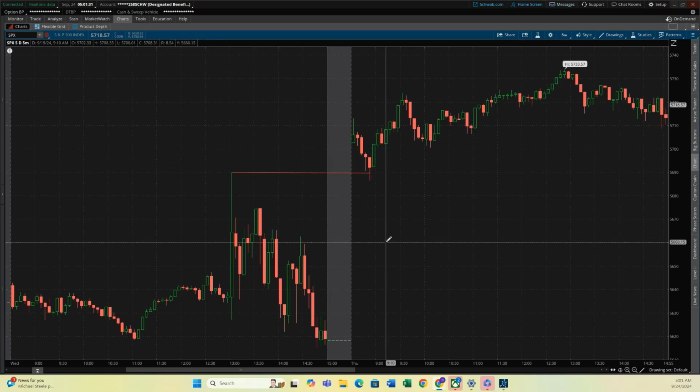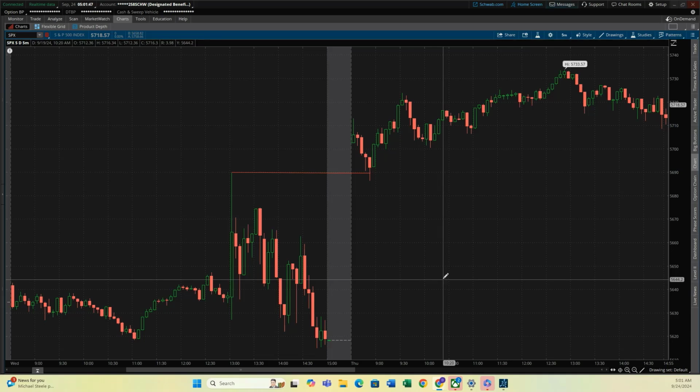So I sold the 5660, 5635 bull put, and I took in a little bit over $1 for that. So that was a bull put expiring this same day on the 19th.